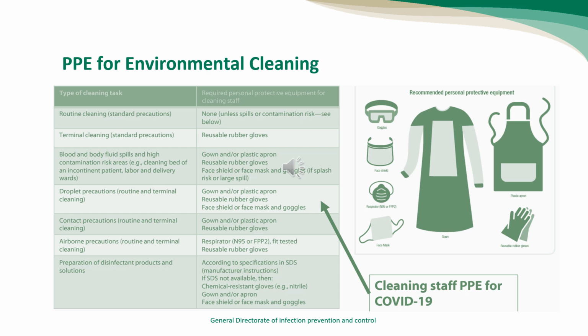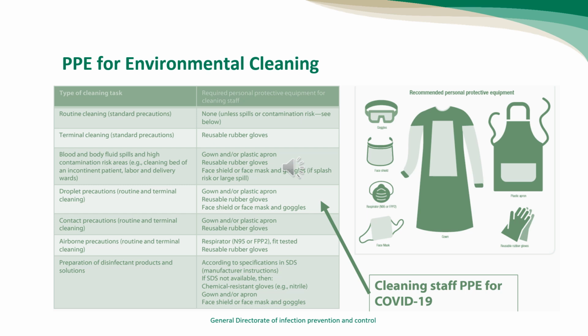For terminal cleaning, standard precautions, reusable rubber gloves. For blood and body fluid spills and high contamination risk areas, we need gown, plastic apron, reusable rubber gloves, face shield or face mask, and goggles. Goggles depend on our risk assessment, if there is splash risk or large spill.